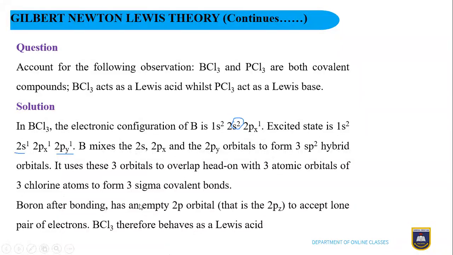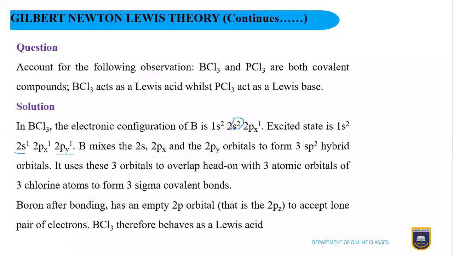Boron, after bonding, has an empty 2p orbital, that is a 2pz, to accept lone pairs of electrons. It's just because after the excited state, only the 2s, the 2px, and the 2py are mixed. The 2pz orbital is left empty.